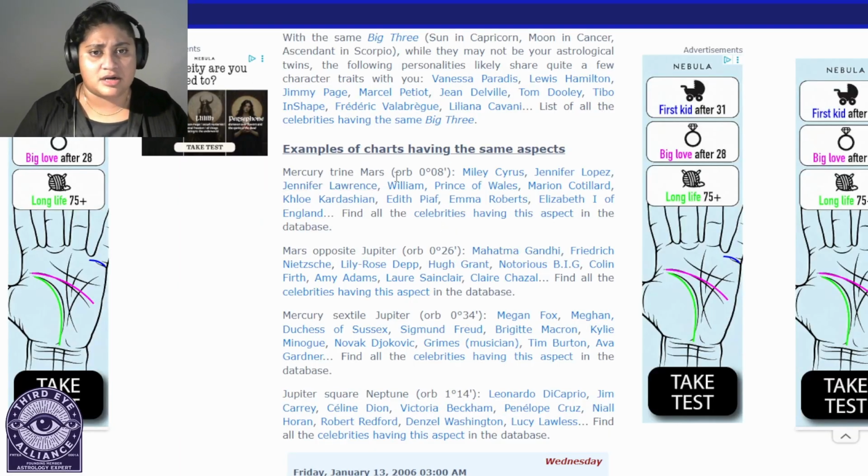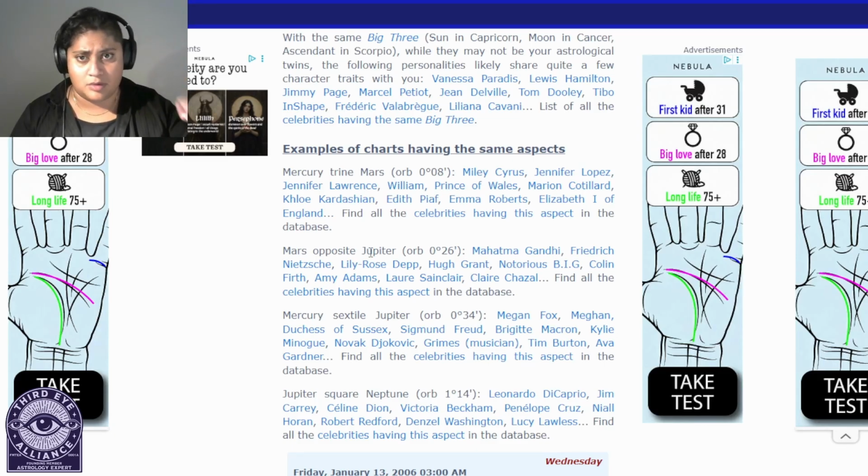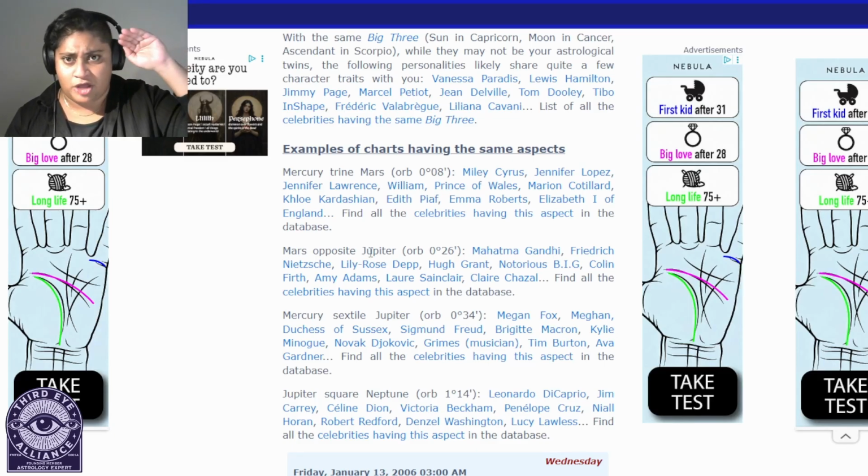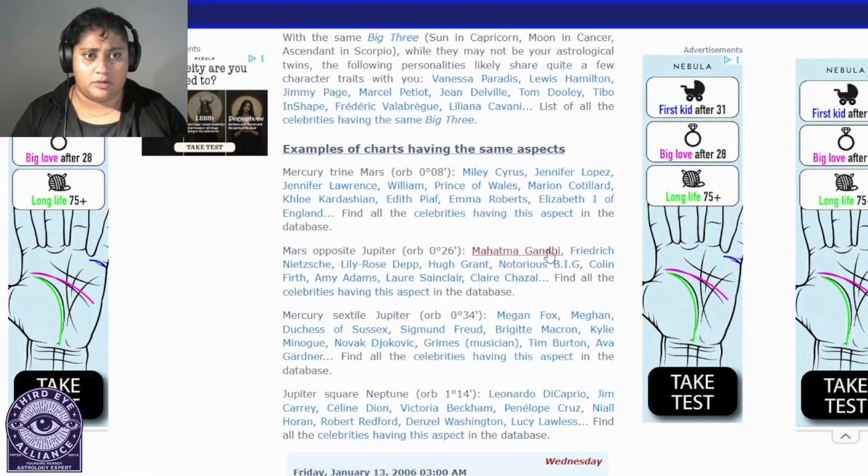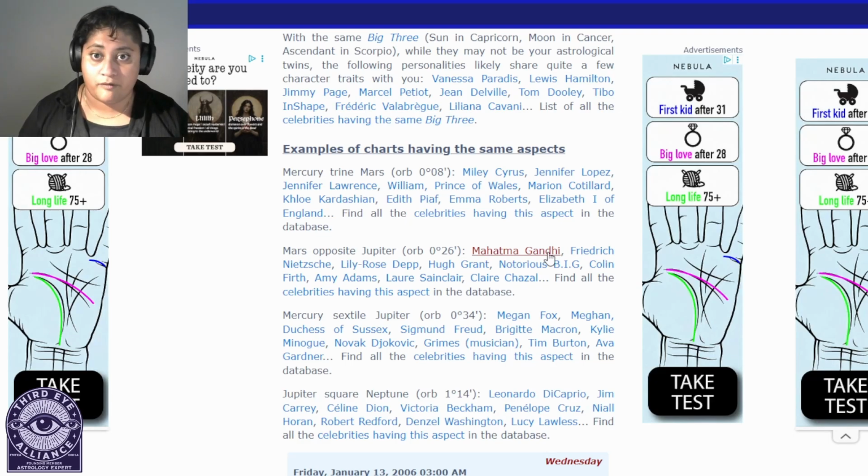Mercury trine Mars. That's important. Mars opposite Jupiter. You know, their way or the highway. Their belief system is the only one, right? And look, Mahatma Gandhi. He believed in something, and that's what he was known for. And y'all saw me create this chart.